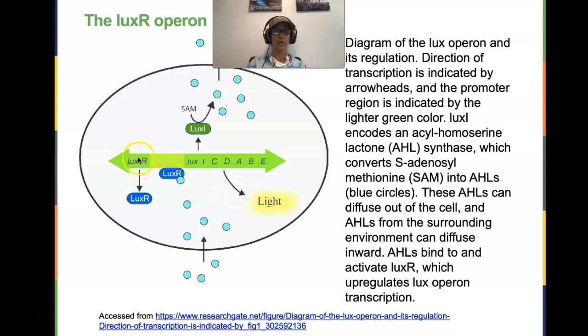We have the LUX-R gene, the DNA sequence, that if it gets read to make RNA and translated to make protein, we create this LUX-R protein. That LUX-R protein binds to this light green area that is the promoter.